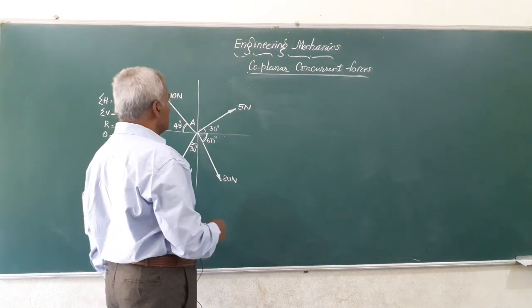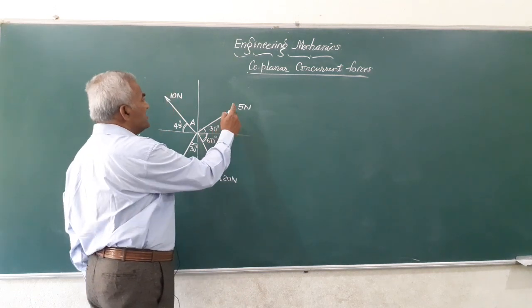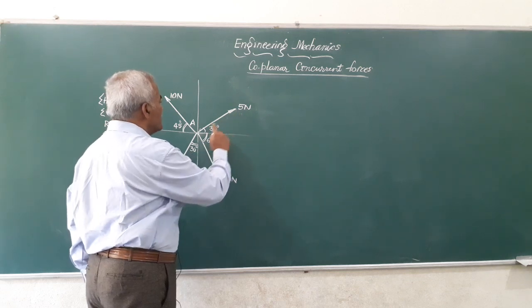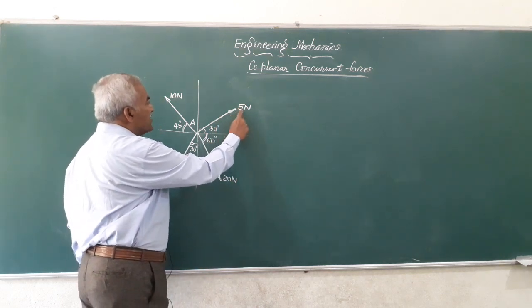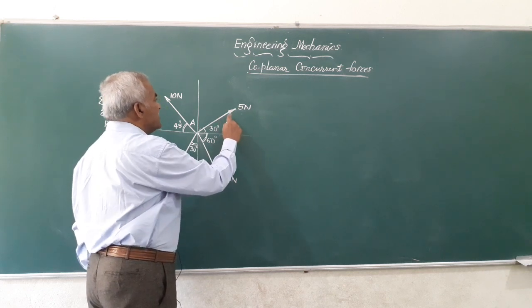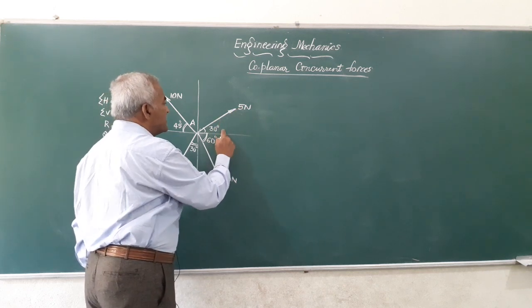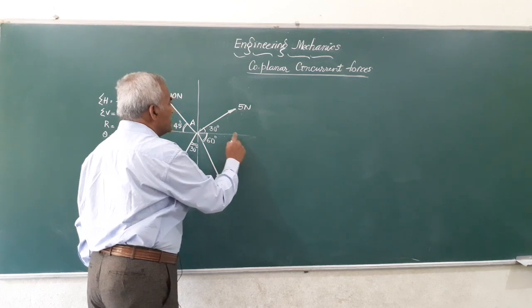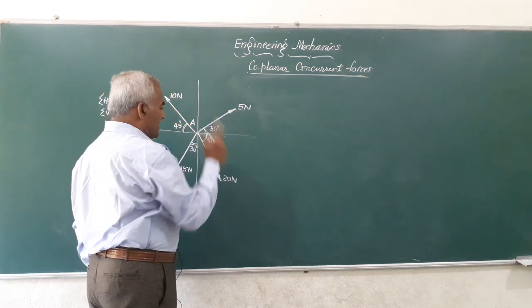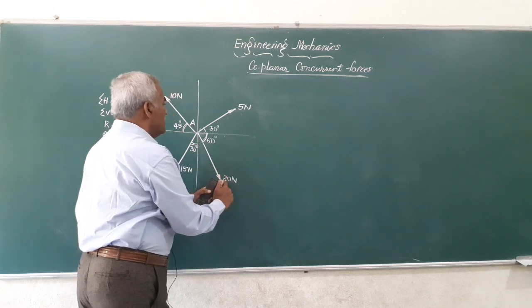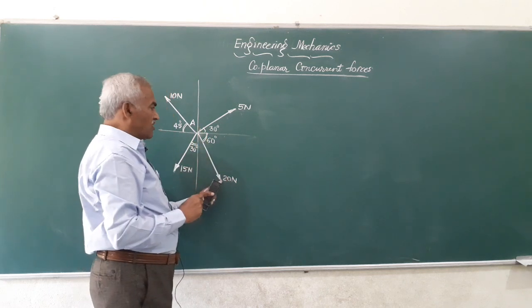So, friends, if you start with this 5 Newton, this 5 Newton is acting at 30 degrees to the horizontal. So, this can be split into two components, that is 5 cos 30 acting along the horizontal, 5 sin 30 acting along the vertical. Likewise, this 20 Newton is acting at 60 degrees to the horizontal.